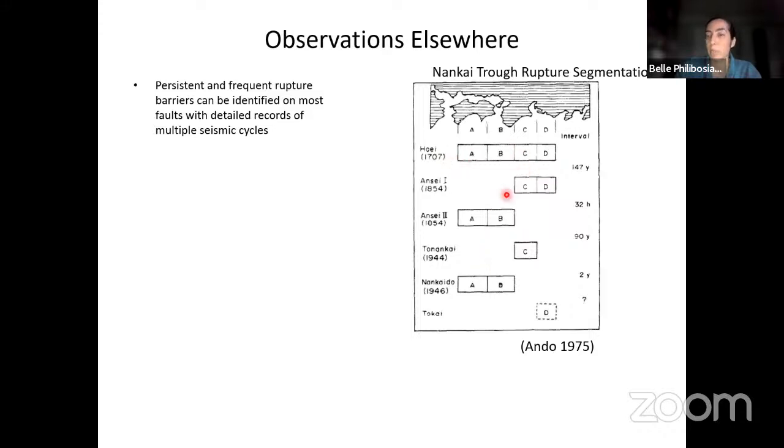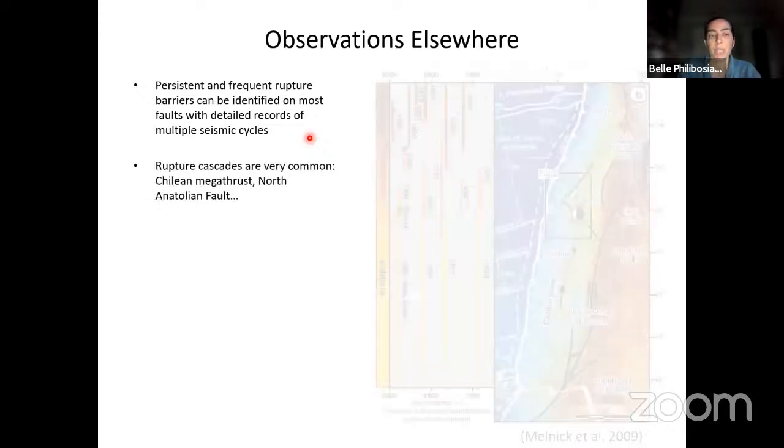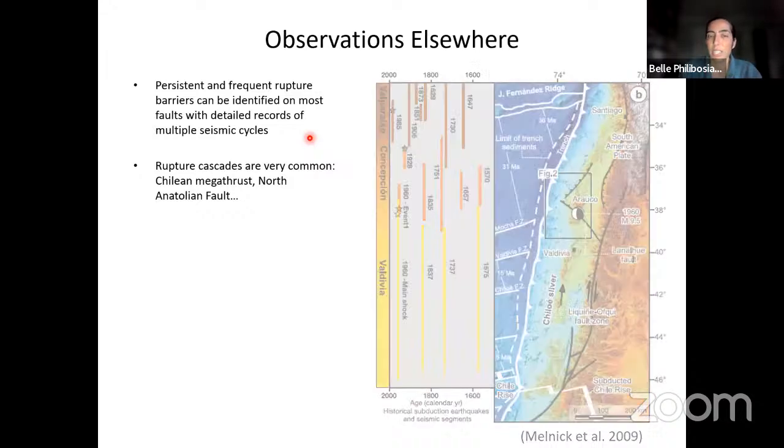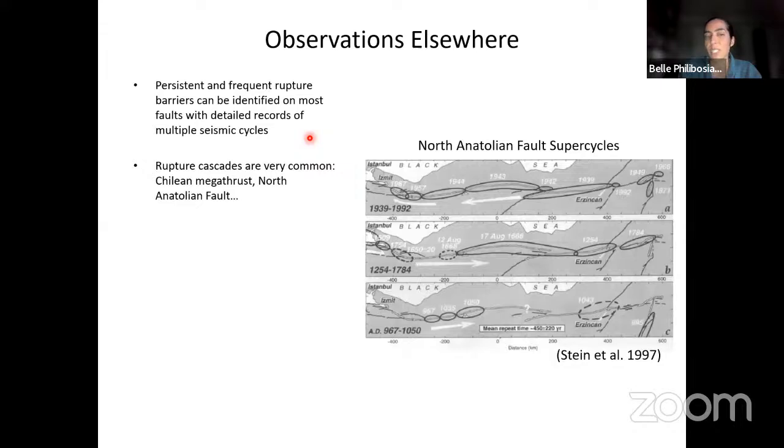persistent and frequent rupture barriers can be identified, and actually in pretty much any fault where there are detailed records of multiple seismic cycles, these features can be recognized. Rupture cascades turn out to be very common, just a couple of examples on the Chilean megathrust and on the North Anatolian fault in Turkey.